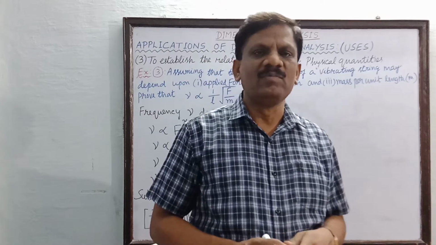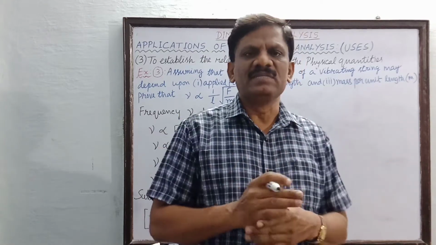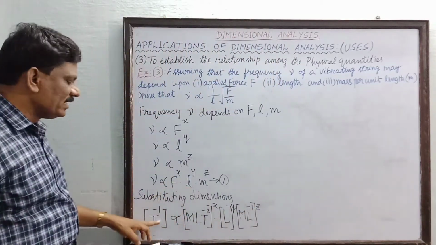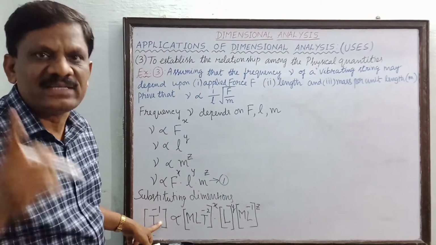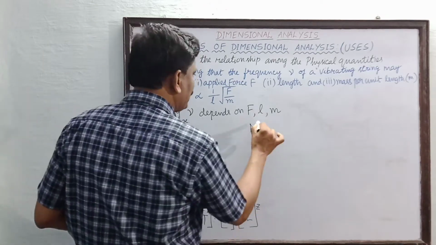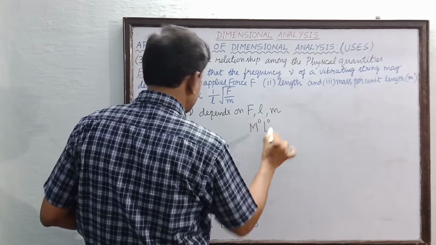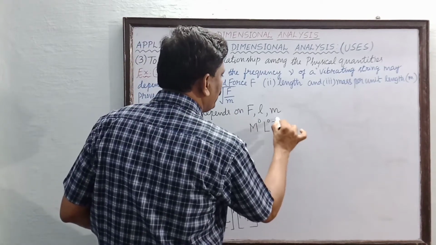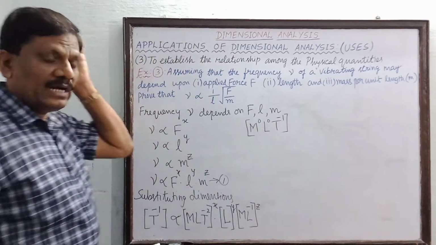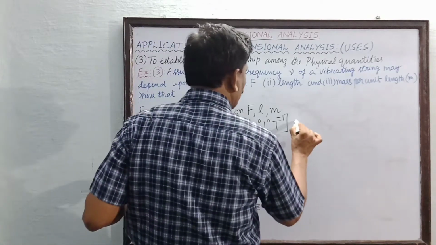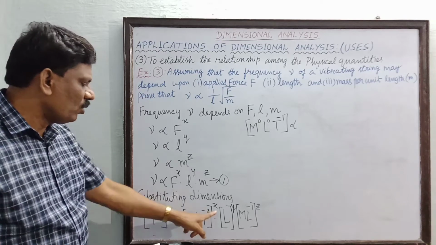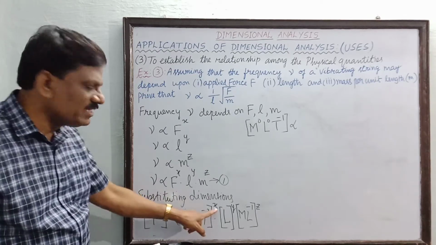Now, as usual, I am going to group the terms and equate the powers of M, L and T. The left hand side is T power minus 1. There is no mass term and no length term, therefore I can also write M raised to the power 0, L raised to the power 0 into T raised to the power minus 1. On the right hand side, the first bracket has M raised to the power 1 whole power x, so M is raised to the power x.